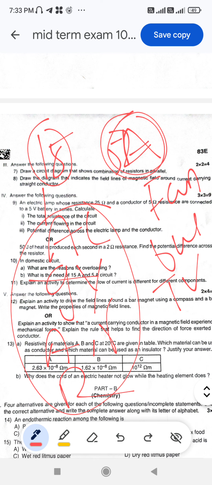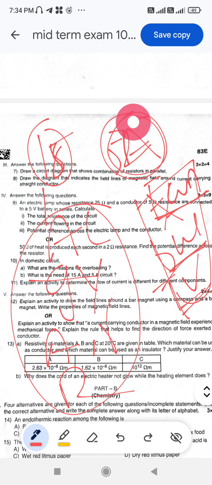If the fan, bulb, and TV are connected to a 15 ampere circuit, heavy current will flow through these appliances, and they will blast and not work properly, because the specified value of current for the TV, fan, and bulb is only 5 ampere.